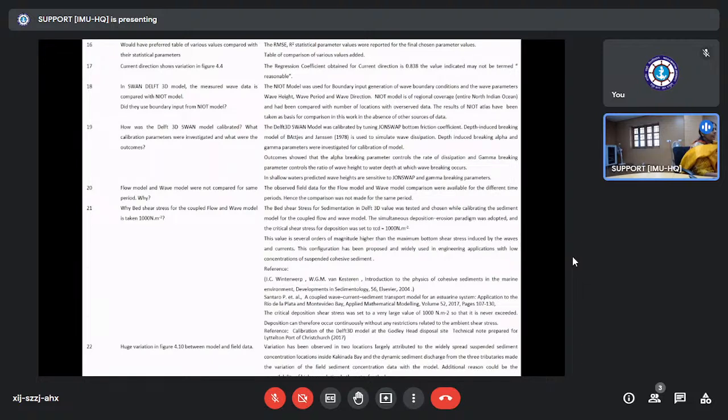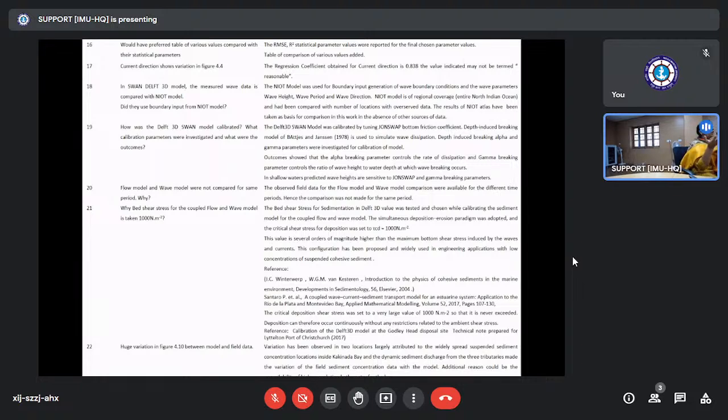The major thing was that the NIOT model was used both for boundary input as well as validation. The question was, when you use the SWAN model, you have taken input data as the boundary from NIOT. Yes, initially, to see how much wave variation there is inside the boundary, the wave data was extracted using the NIOT wave model and compared with the observed data for Kakinada.